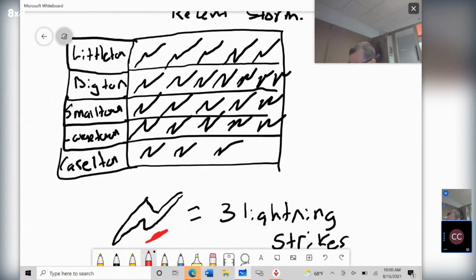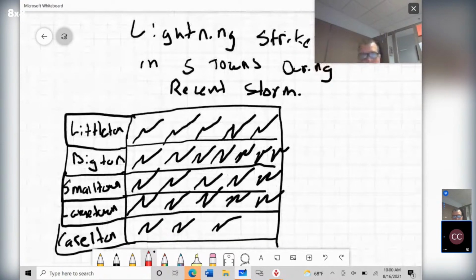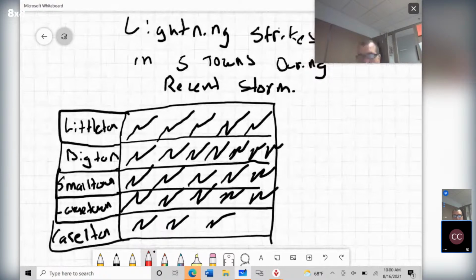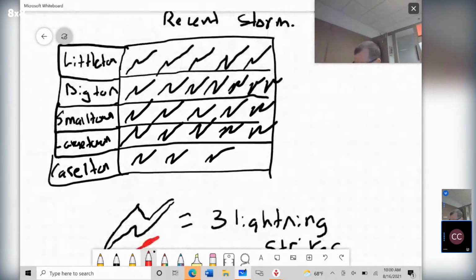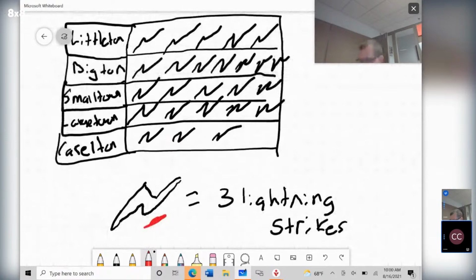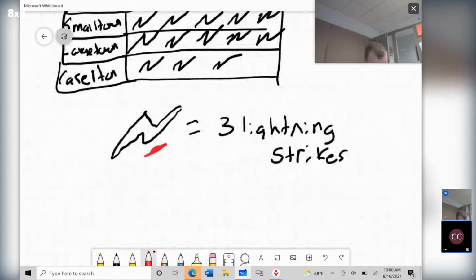So we have a little graph that's talking about lightning strikes during a recent storm. We know we have 5 towns that got lightning strikes, and each one of these little lightning bolts equals 3 lightning strikes.